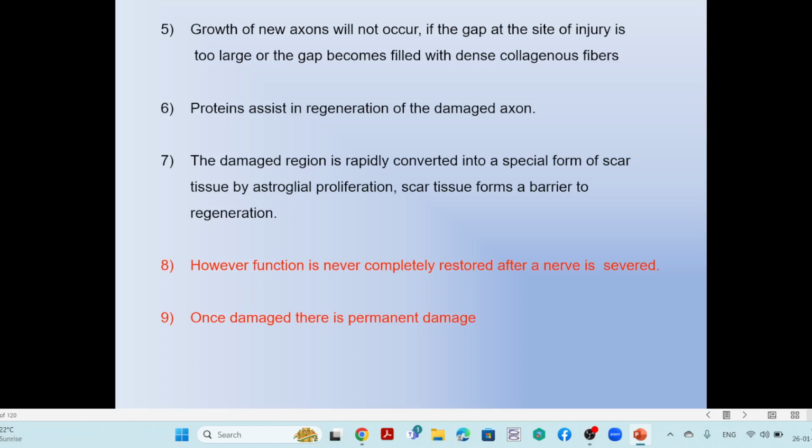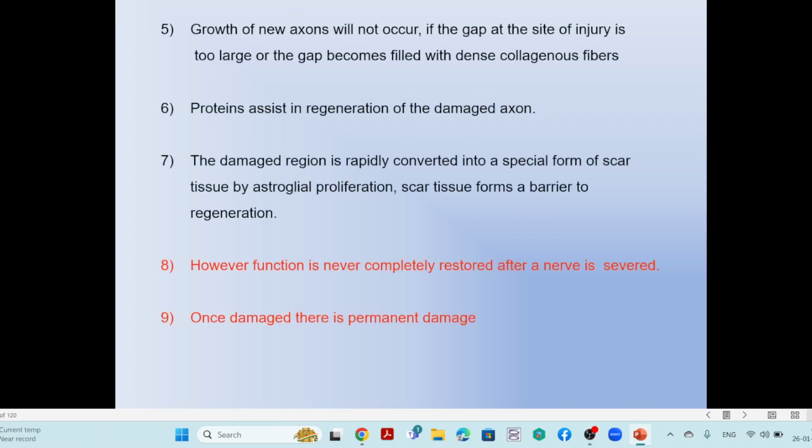This is very important in relation to neurons, because other cells regenerate and divide, but neurons have no cell division after birth. This concept we have to make clear.